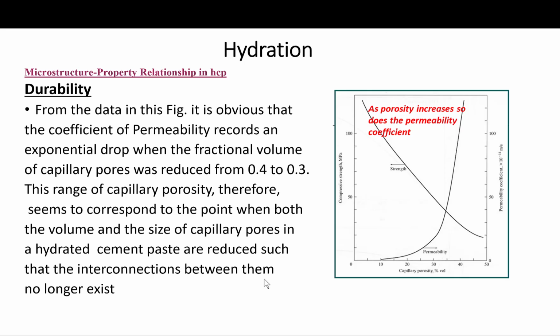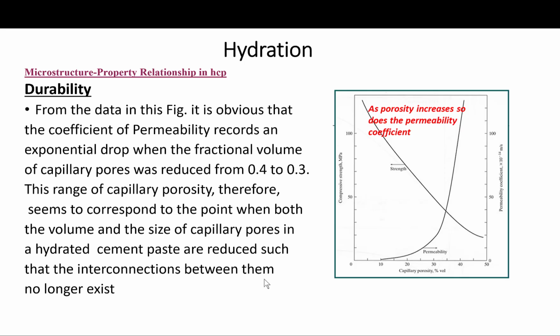This range of the capillary porosity therefore seems to correspond to the point when both the volume and size of the capillary pores in hydrated cement paste are reduced such that the interconnections between them no longer exist.